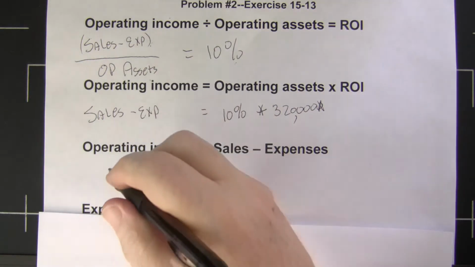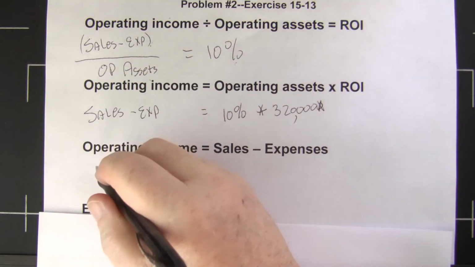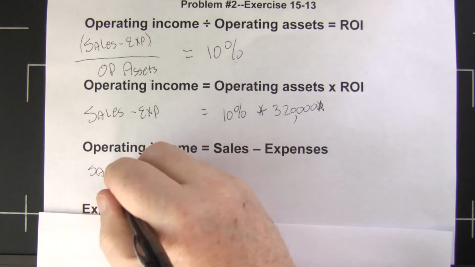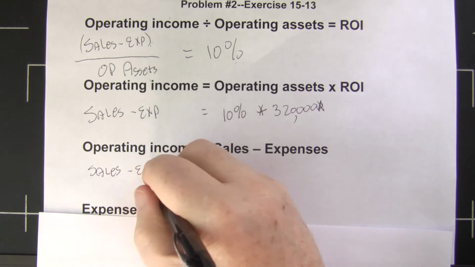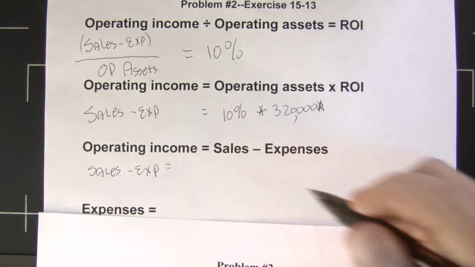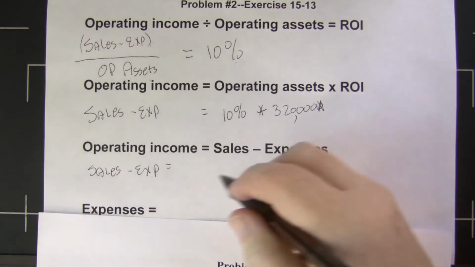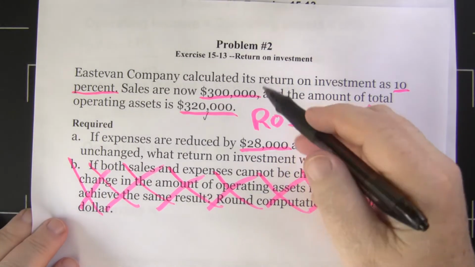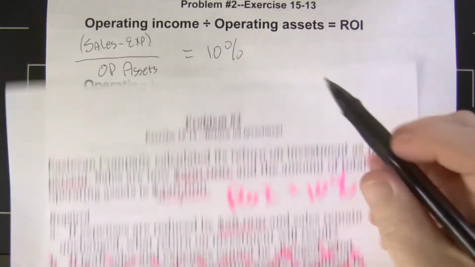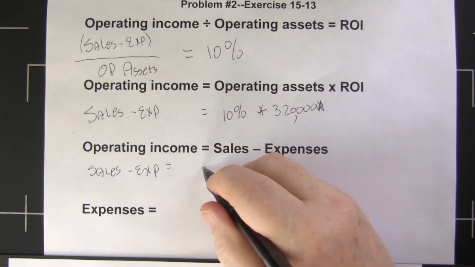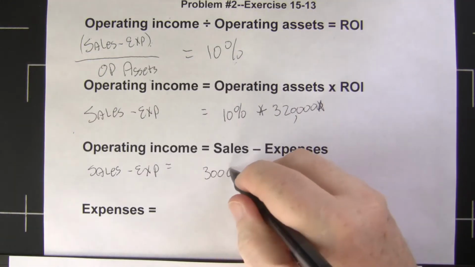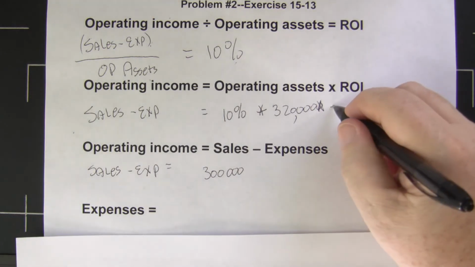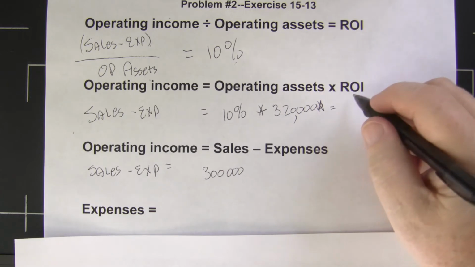So our operating income is still sales minus expense, and we have sales of 300,000. We have this is 32,000.